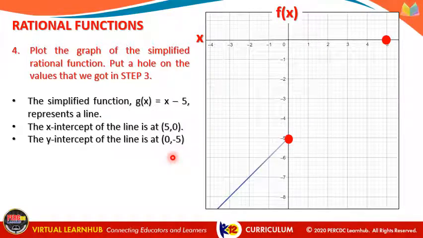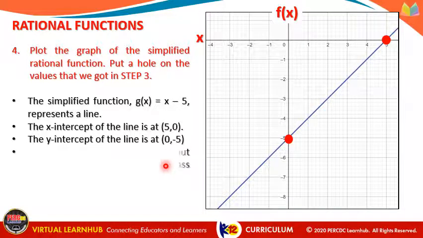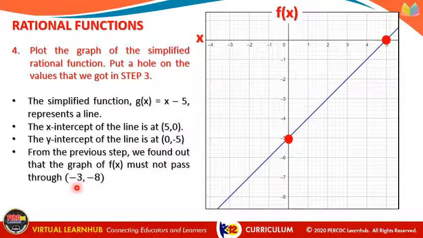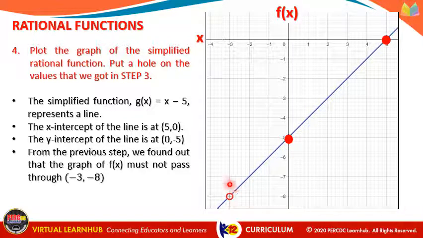Ibig sabihin, ito yung line natin. Kaya lang, hindi dapat dadaan sa negative 3, negative 8. Nasaan yon? So, negative 3, negative 8. Somewhere here. So, hindi pwedeng dumaan dito yung graph natin kasi hindi mangyayari yon. Hindi dapat mangyari yon. Kaya sa negative 3, negative 8, maglalagay tayo ng hole. Yan, may butas tayo dyan.